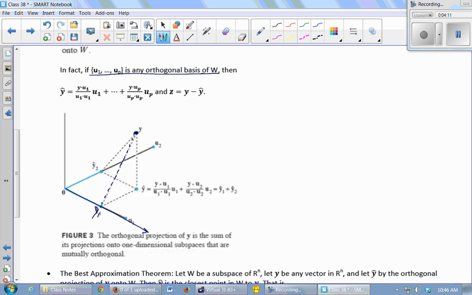You could also project y onto another line, and call it u2. So here's my second line. I project y onto that one by dropping a perpendicular, and you get y2 hat. So y hat, which is the projection onto the entire plane spanned by u1 and u2, is the sum of y1 hat and y2 hat. Right? It's the diagonal of the parallelogram formed by y1 hat and y2 hat. So this is y hat, and that's why you calculate it that way. It's the projection onto the line u1 plus the projection onto the line u2.